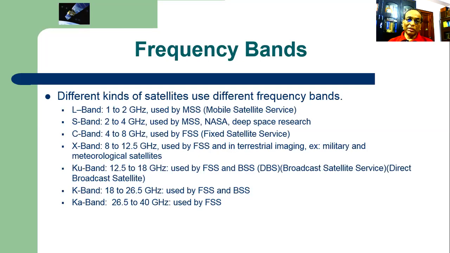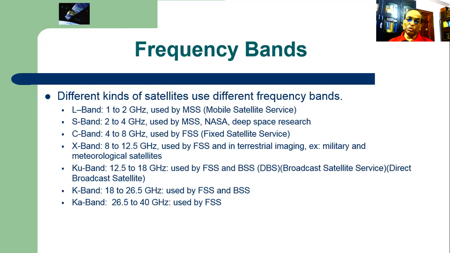L band, the frequency range is 1 to 2 gigahertz, and that is used for MSS, mobile satellite service. S band starts at 2 gigahertz and ends at 4 gigahertz.